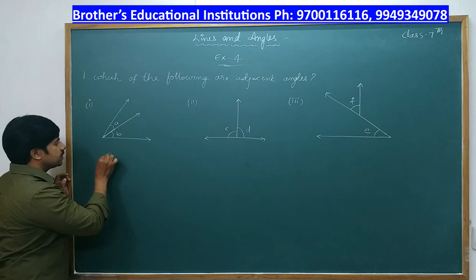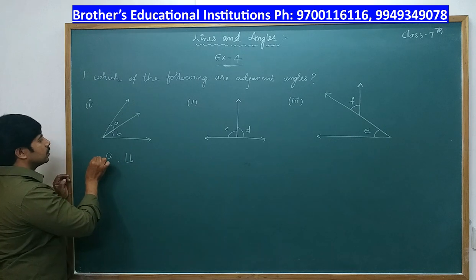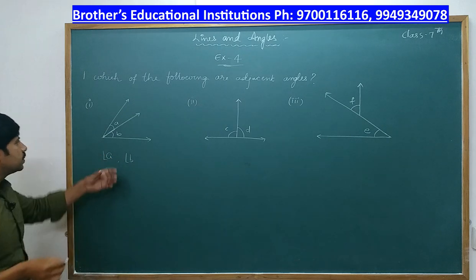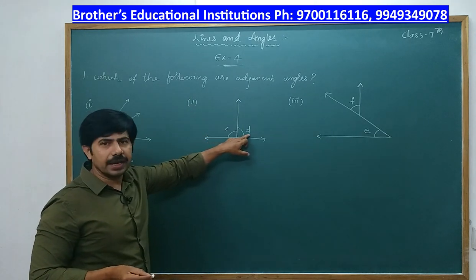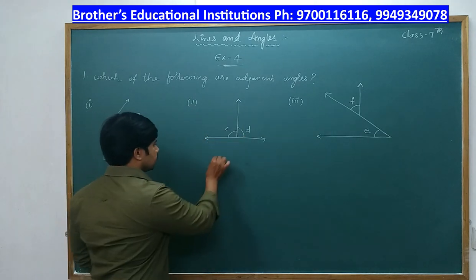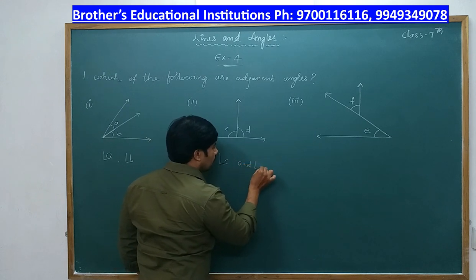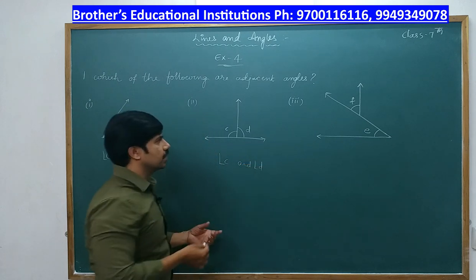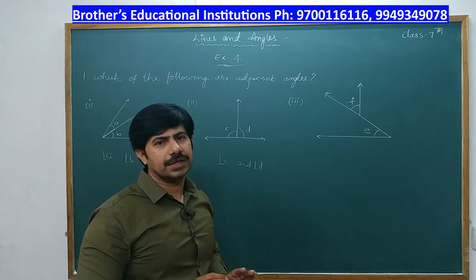In the first one, angle A and angle B are adjacent angles, and here angle C and angle D are the adjacent angles. But in the third one, angle E and angle F are not adjacent angles.